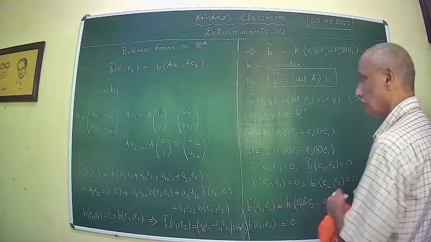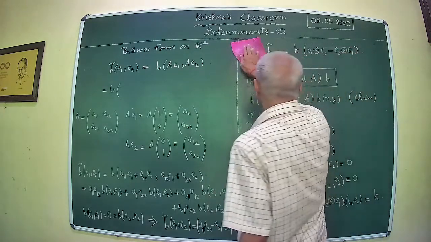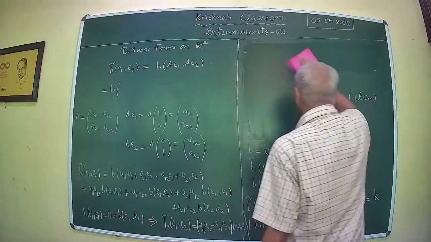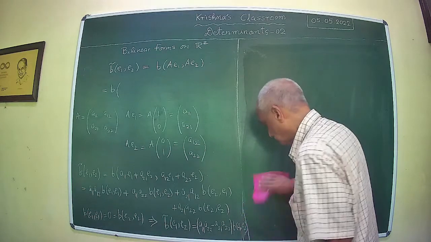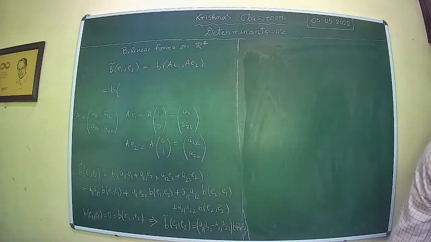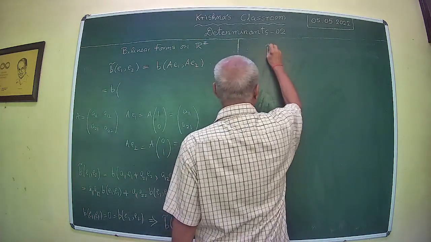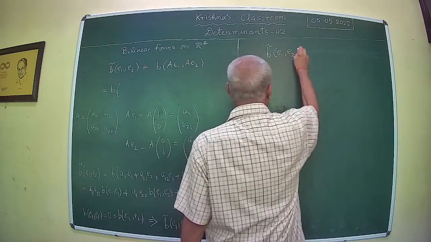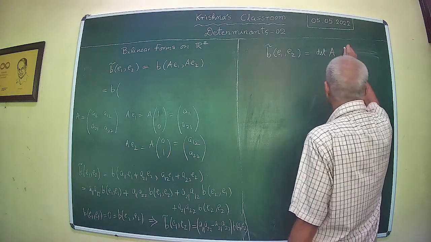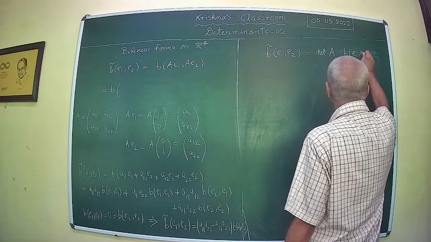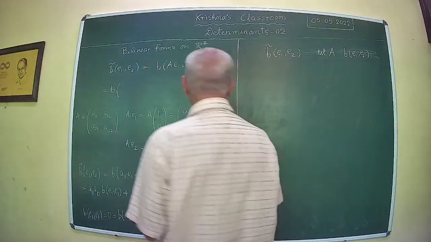Okay. Therefore, you see that the following holds, namely B tilde equal to determinant of A times B. Now use this.